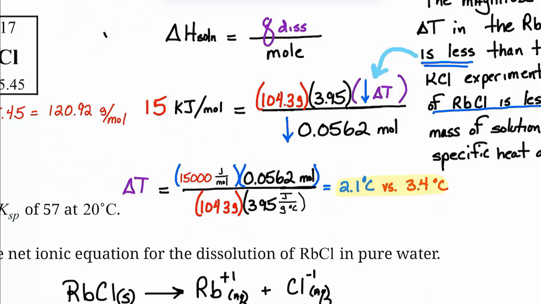Don't forget, party people, that the 3.95 is in joules per gram per degree Celsius. So I had to be in joules, so the joules cancel, moles cancel, and we're left with 1 over degrees Celsius, which gives me my temperature change. So when you solve for it, you get 2.1. And you compare that temperature change to the 3.4, you can see that it's less.